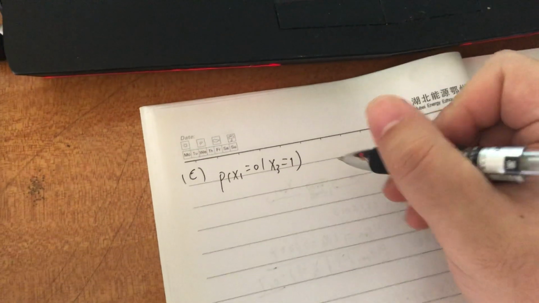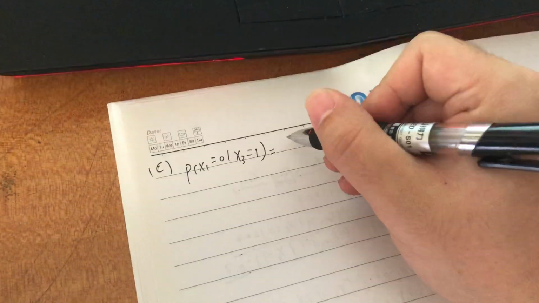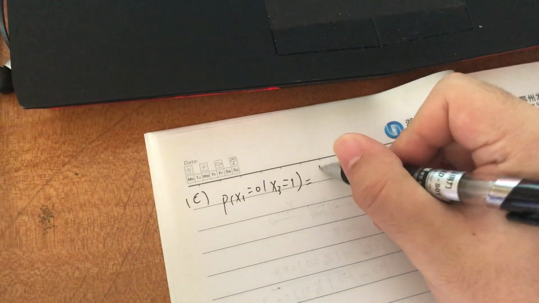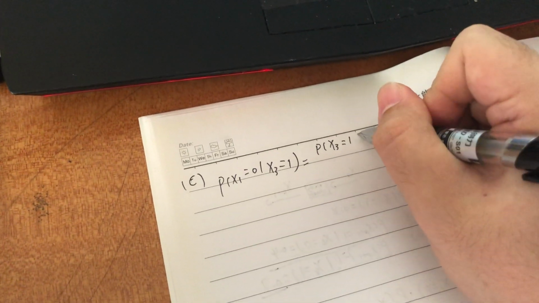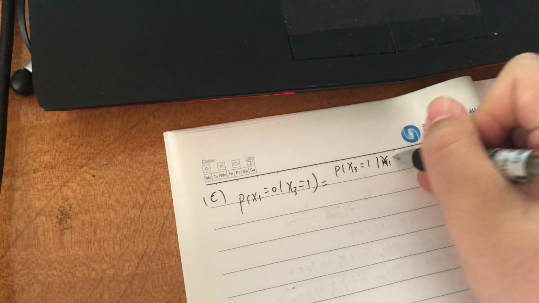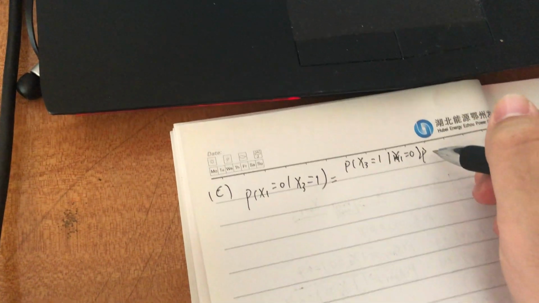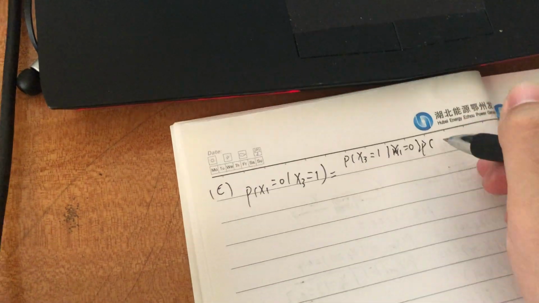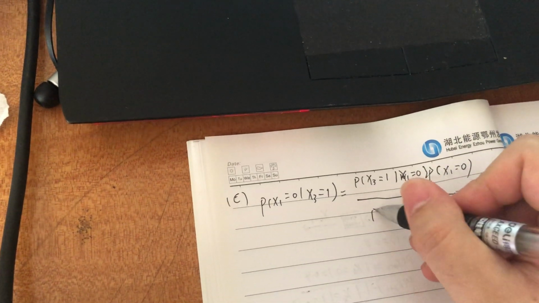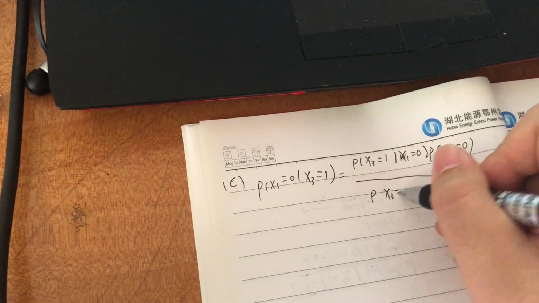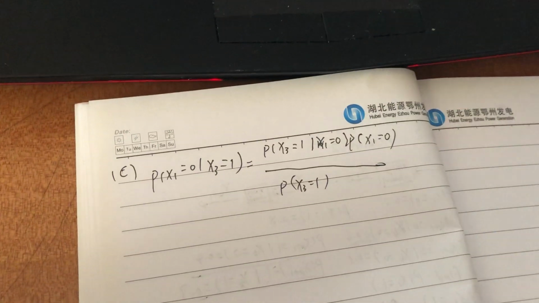If we use the theory of probability, we can write this as the probability x3 equal to 1 where x1 equal to 0, times probability x1 equal to 0, divided by probability x3 equal to 1. That's a function that comes from the theory.